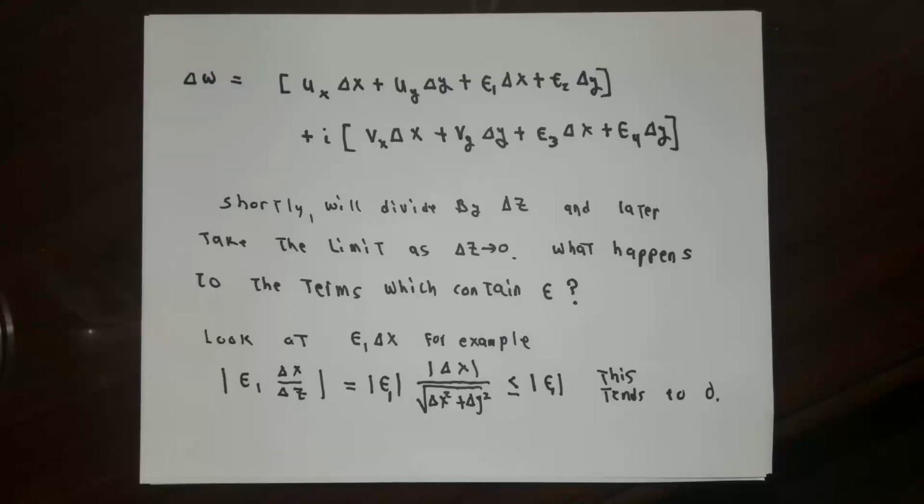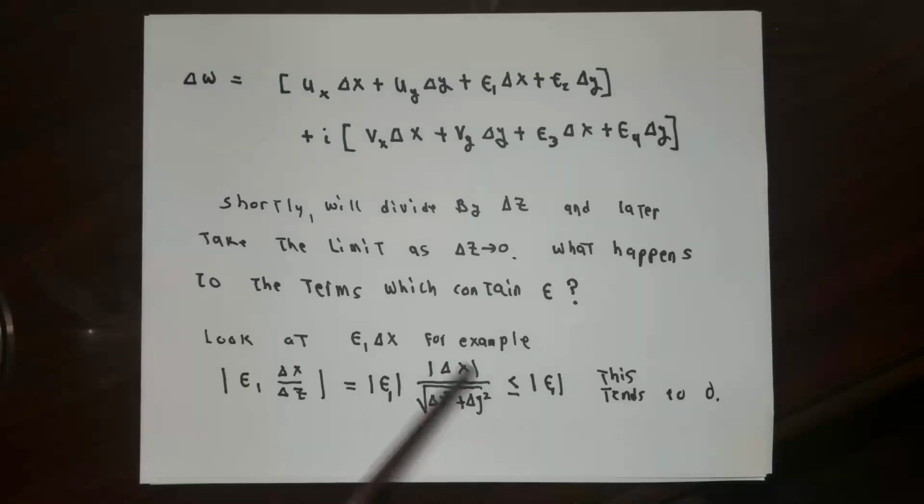Let's think about epsilon 1 delta x. Think of dividing through by delta z. Can I identify what happens to this quantity? Absolute value epsilon 1 delta x over delta z is absolute value of epsilon 1 times absolute value of delta x, over the modulus of delta z, which is the square root of delta x squared plus delta y squared.